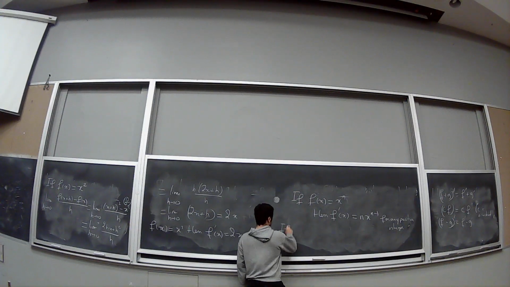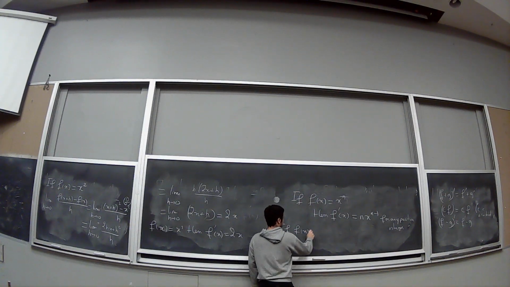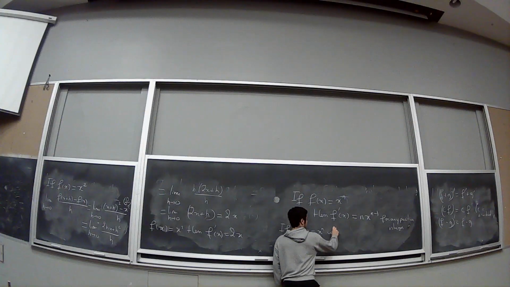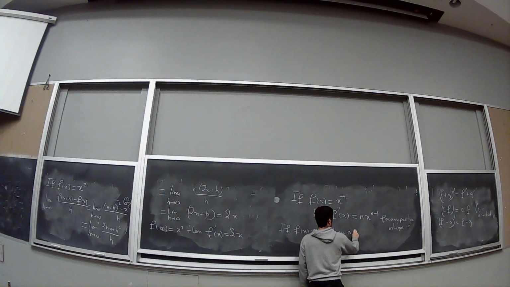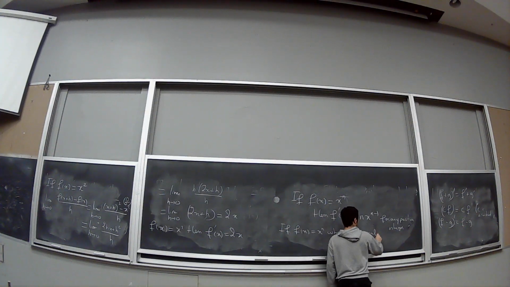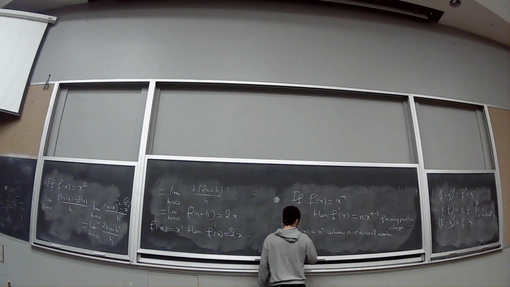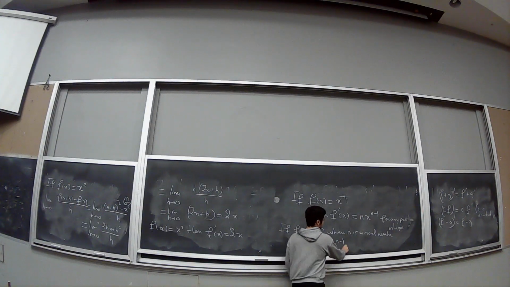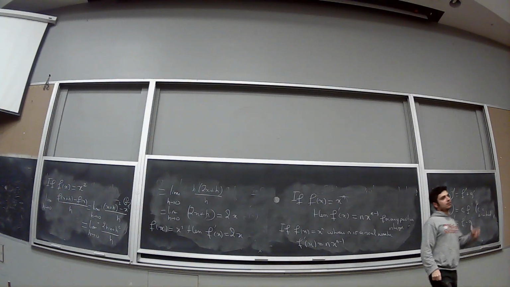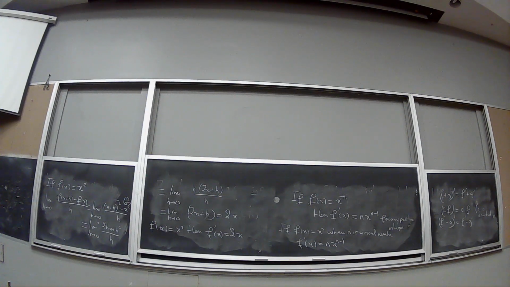If n is a real number, then also f prime of x is n x to the n minus 1. Here, of course, I have to worry about the domain, right? The domain of f, if x is a negative number, for example, x to the minus 2 is not defined everywhere.